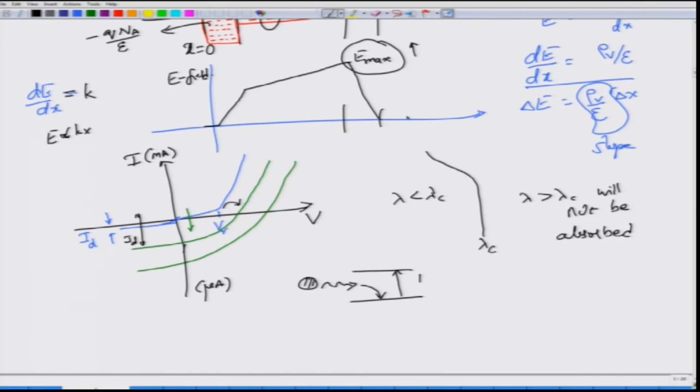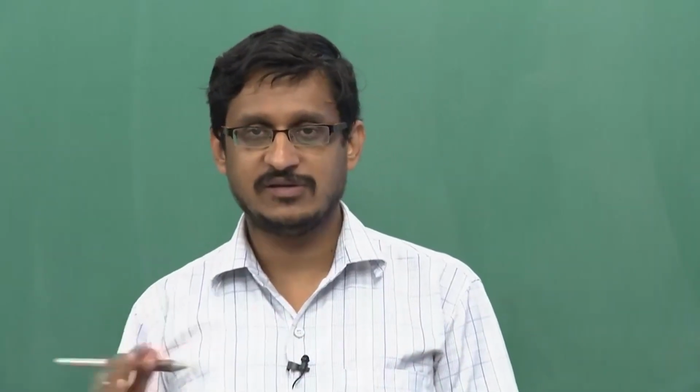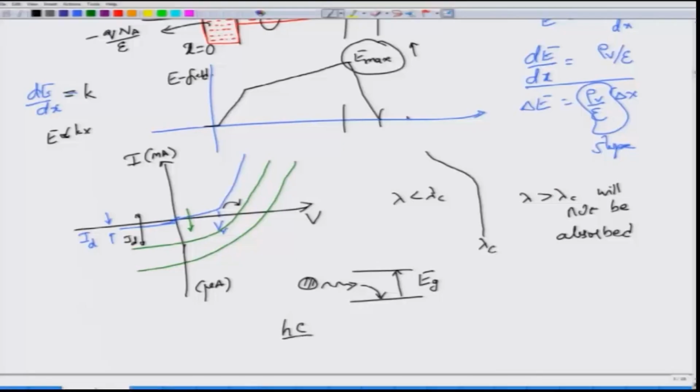This can happen only when you consider light energy which is greater than the energy band gap available. Okay. So if it is less, then you will not be able to absorb. It will not be absorbed, it will simply be transmitted. Then we say that this particular material is transparent. A material is transparent when light cannot be absorbed, right. So you want your hc by lambda, which is the energy, since c by lambda is f, so hc by lambda is the energy.